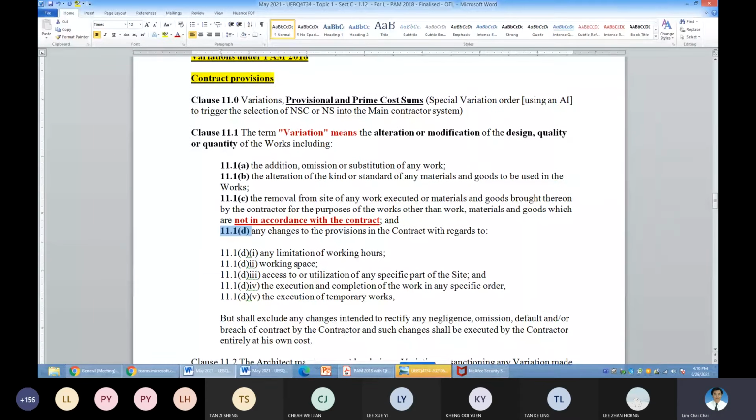A, B, and D can be positive and negative. But D1 to D5, this one will trigger positives.